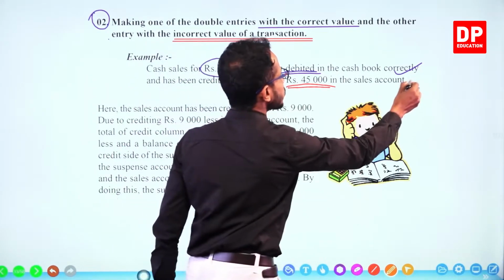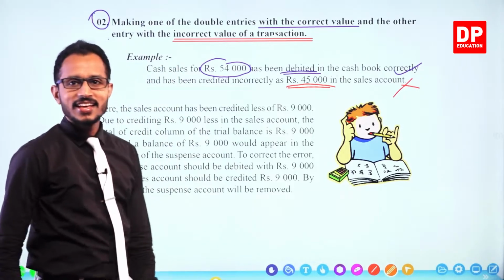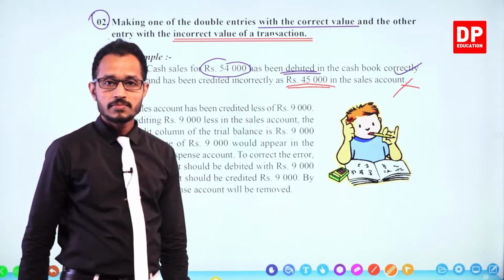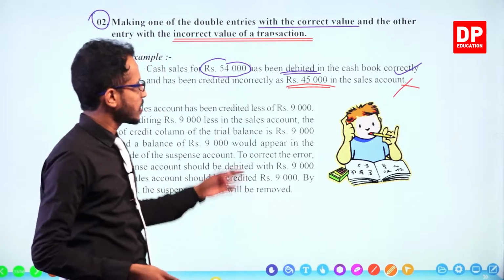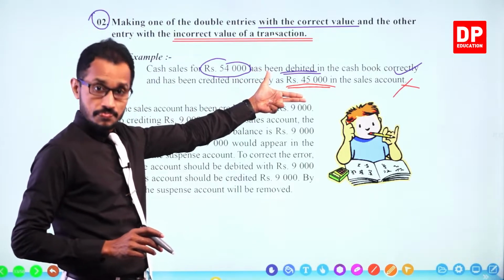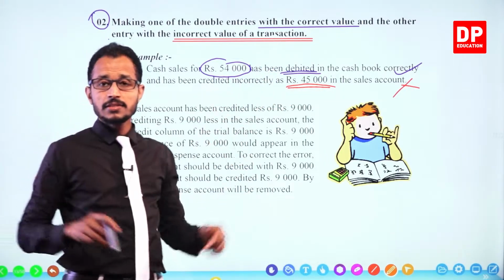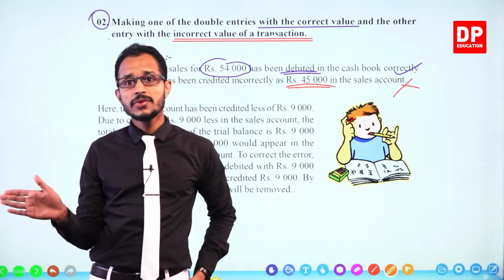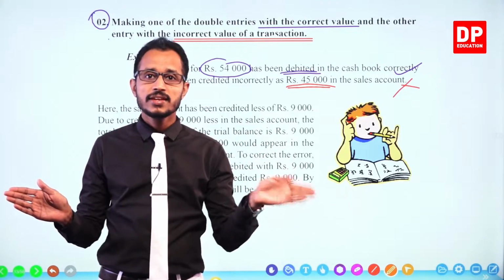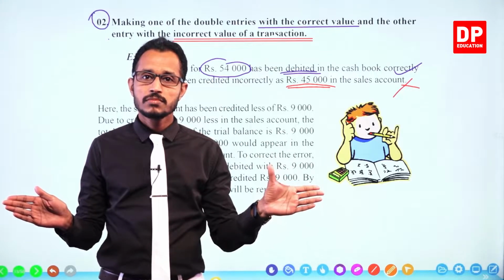So the sales account is wrong. Now you understand, right? Simple thing. Just a debit entry and a credit entry, but the debit entry is having one value and the credit entry is having a different value.